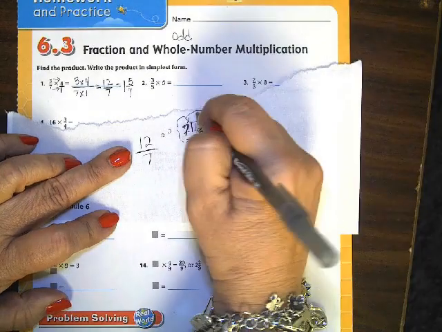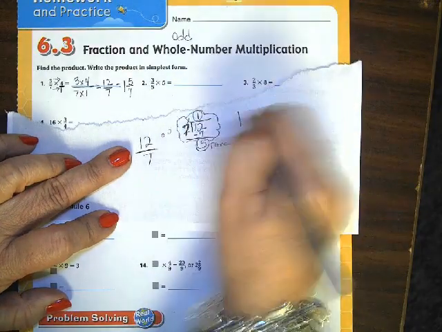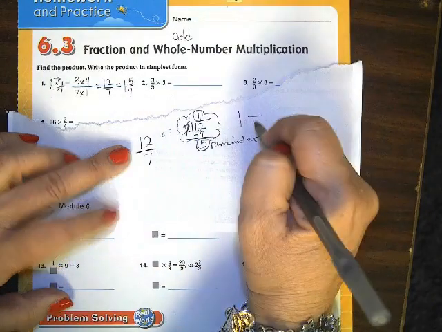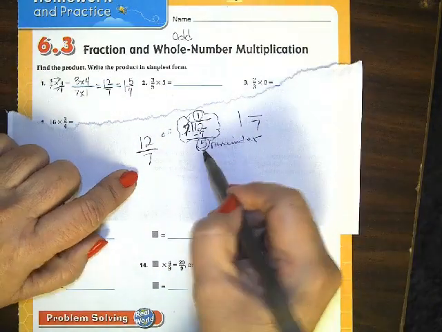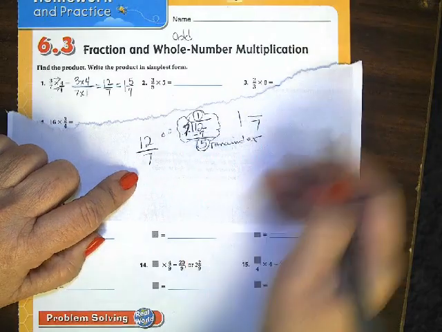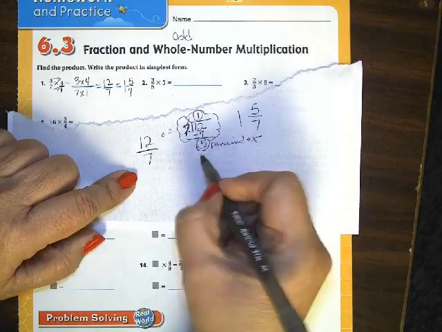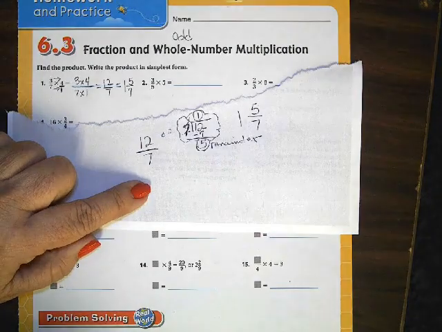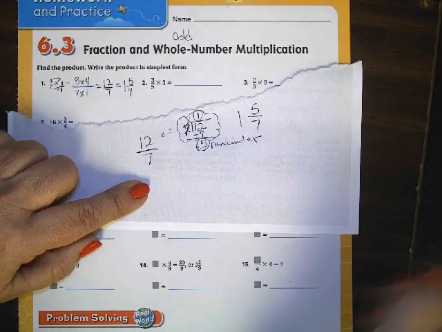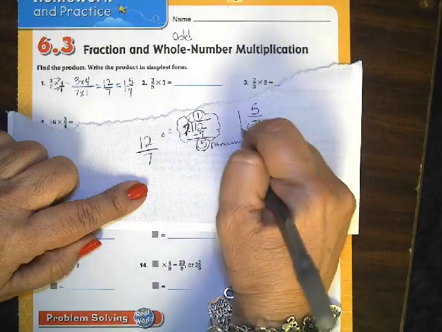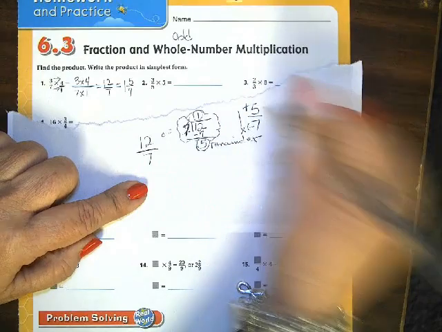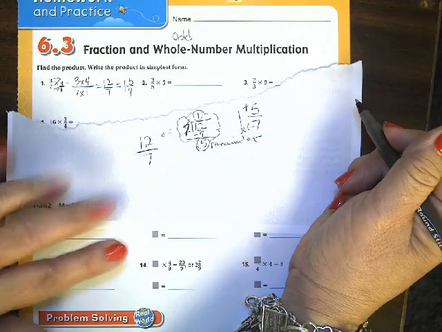So take a look. I have 1 whole. I'm going to draw my dividing bar. 7 is my denominator. So where would my 5 go? Yep, right on top. So my remainder now becomes my numerator. To check my work, I multiply the denominator by my whole number, and add that product to 5.